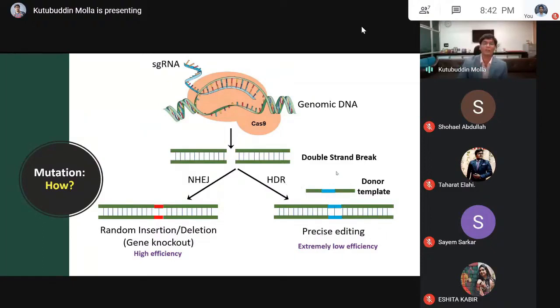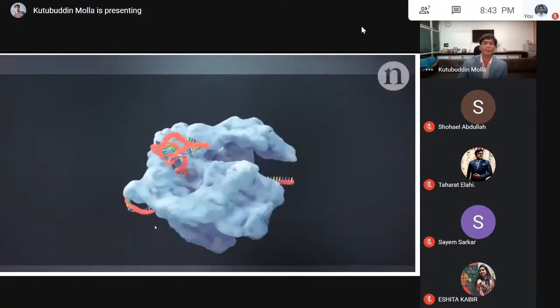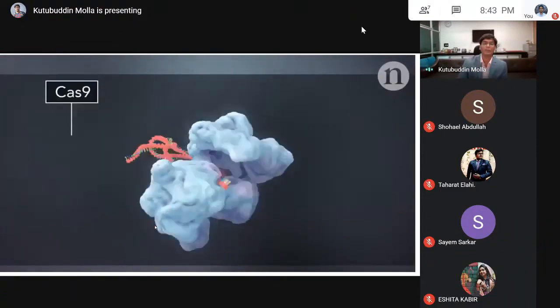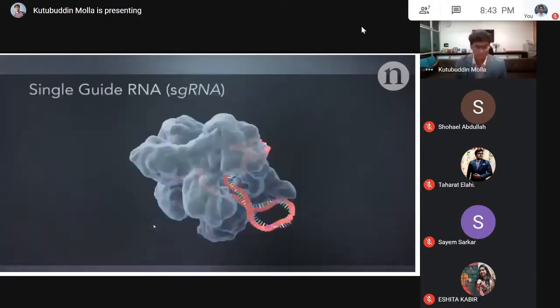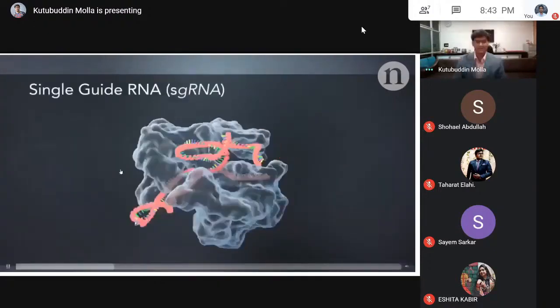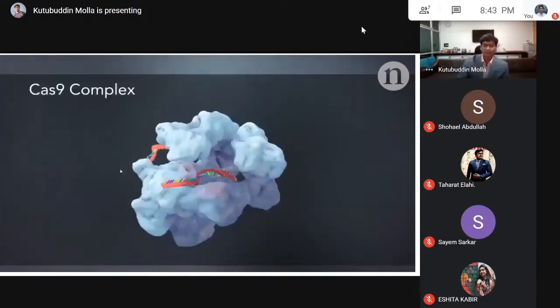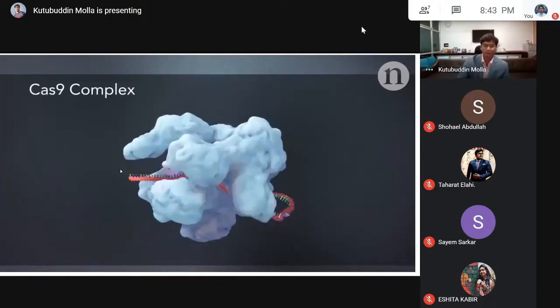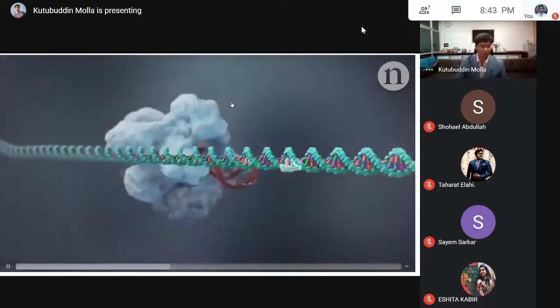CRISPR needs a DNA cutting protein called Cas9 and an RNA molecule known as the guide RNA. Bound together, they form a complex that can identify and cut specific sections of DNA. First, Cas9 has to locate and bind to a common sequence in the genome called a PAM.